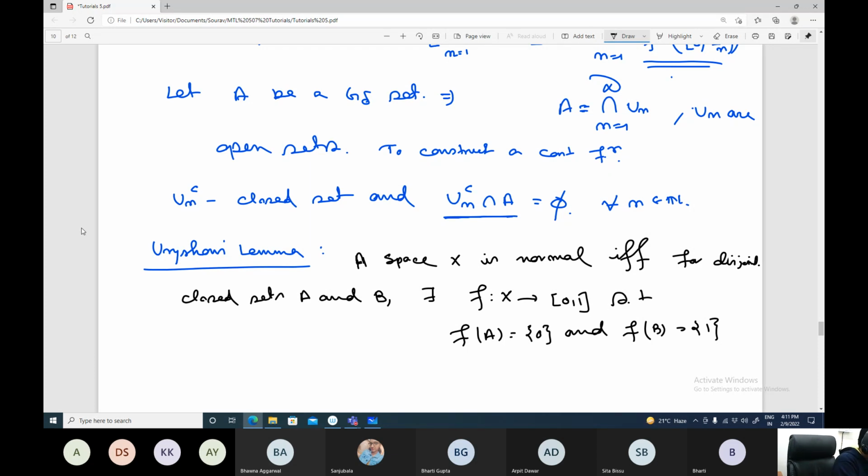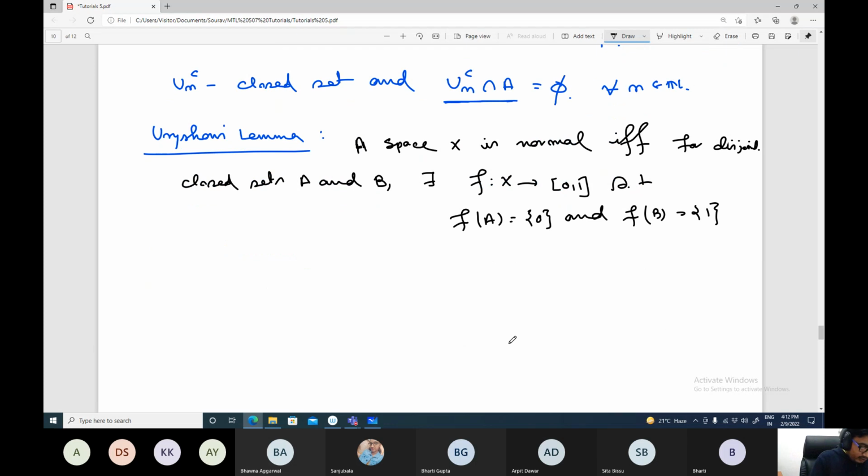Let me verify it. The following are equivalent: normal space, and a pair of disjoint closed sets can be separated by a continuous function. Yes, it is an if and only if condition. In some books they miss something.